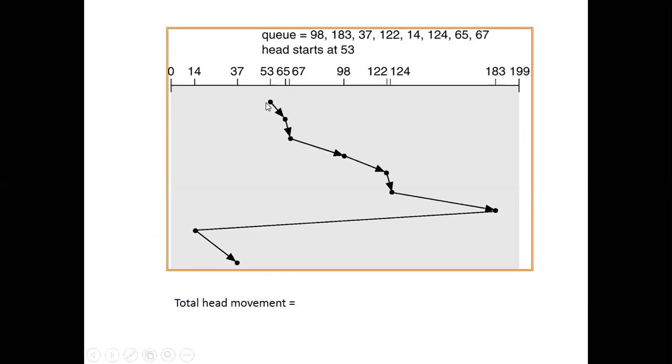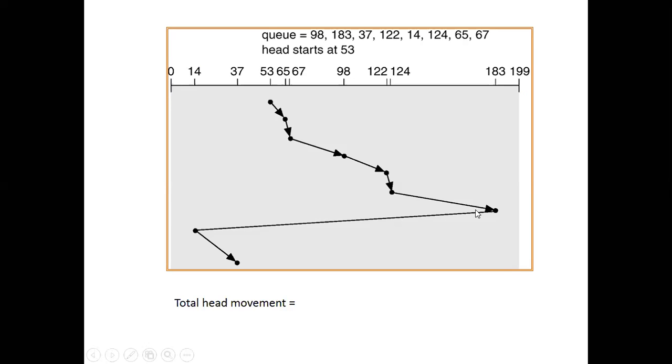See, I'm starting from 53 and I can service the requests 65, 67, 98, etc. 183 is my final request in the right side direction. What we do in SCAN scheduling is, from 183, I have to touch 199. But here you don't need to touch 199. At the final request, you can reverse the direction. Once the direction is reversed, see the diagram here, we won't service any request.